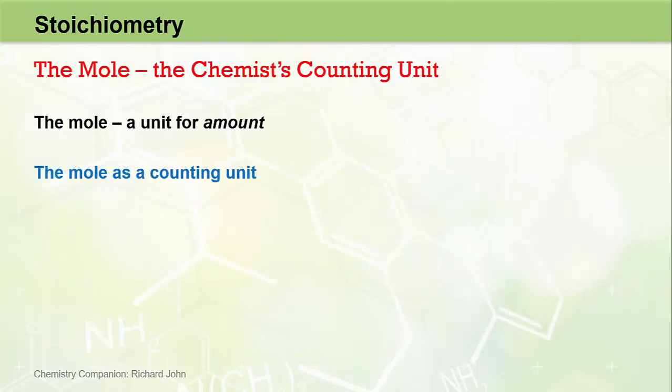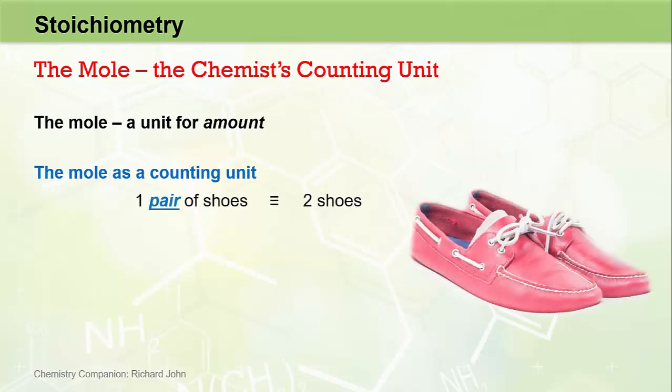Now, the mole is simply a counting unit, and students of chemistry often get confused simply because the mole represents such a large number. But you are already very familiar with the concept of counting units. For example, you know the counting unit of a pair. You know that 1 pair of anything, for example 1 pair of shoes, is equivalent to 2 shoes.